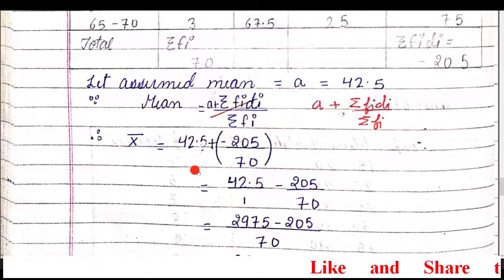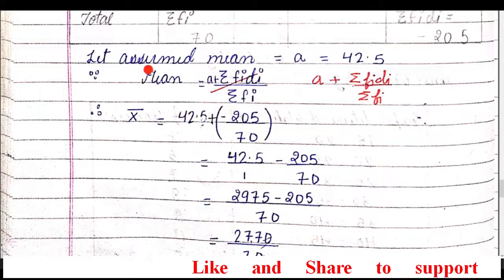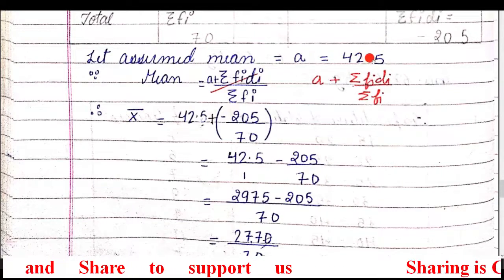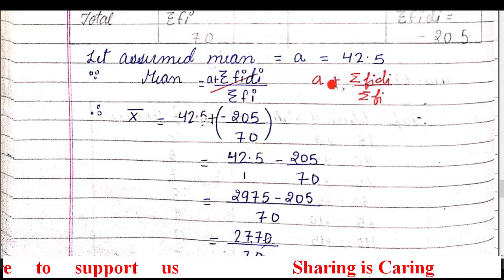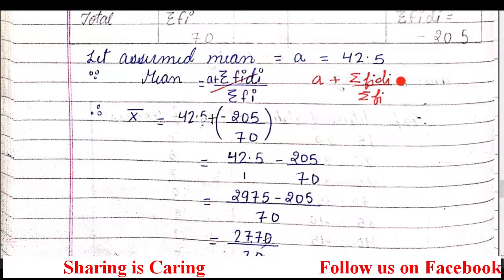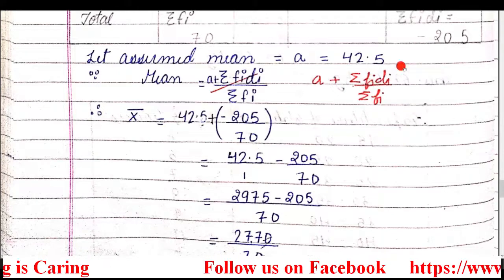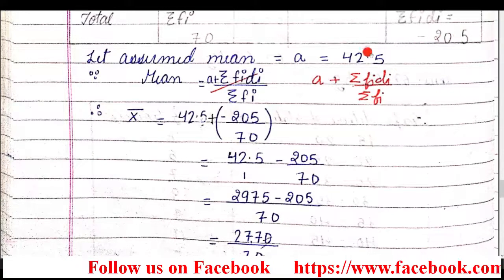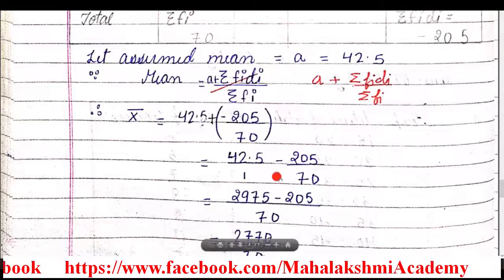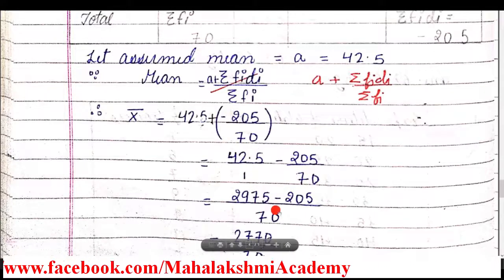The formula of mean is, assumed mean is A. First I wrote what I assumed as A, that is 42.5. Then mean is A plus sigma fi di upon sigma fi. In this I put the values. Sigma fi di is minus 205, and sigma fi is 70. Then finally take the LCM and subtract it.